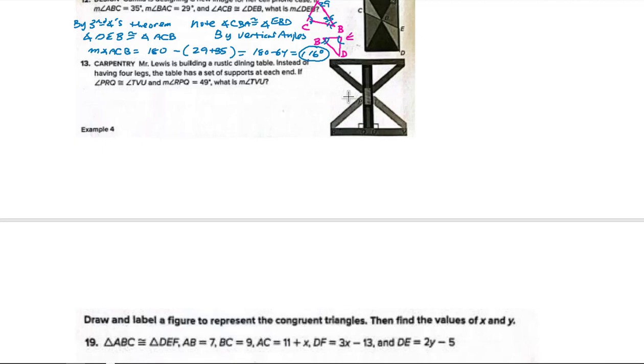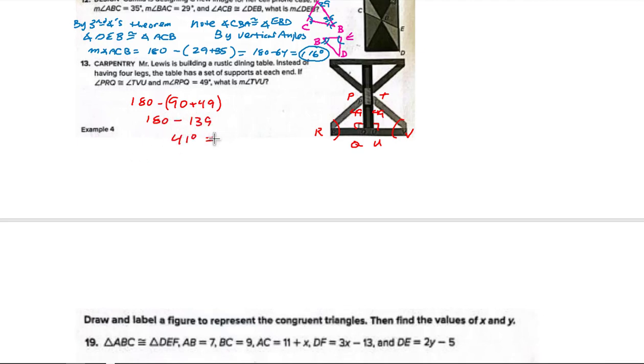13, Mr. Lewis is building a rustic dining room table. The main idea here is we have a couple of congruent triangles at the bottom, and they give us the congruences, so we mark the congruences in order. And if angle RPG is 49 degrees, angle VTU is also going to be 49 degrees.